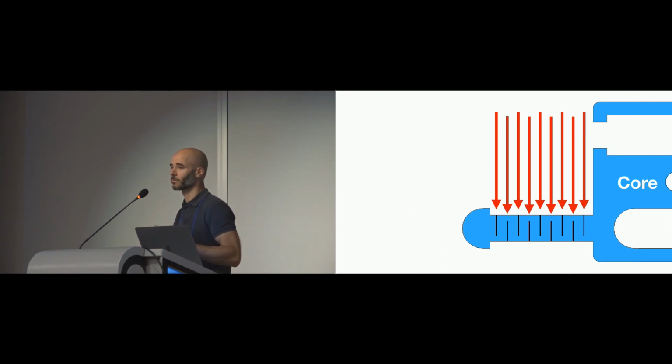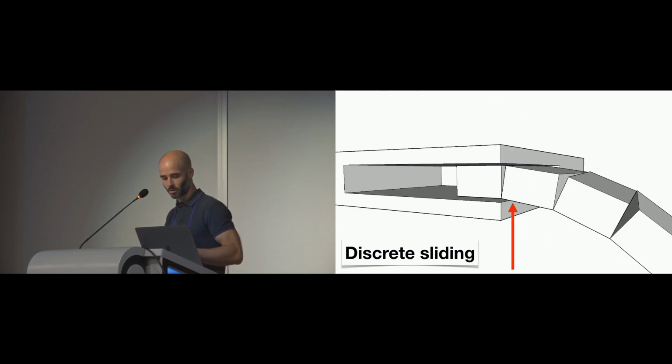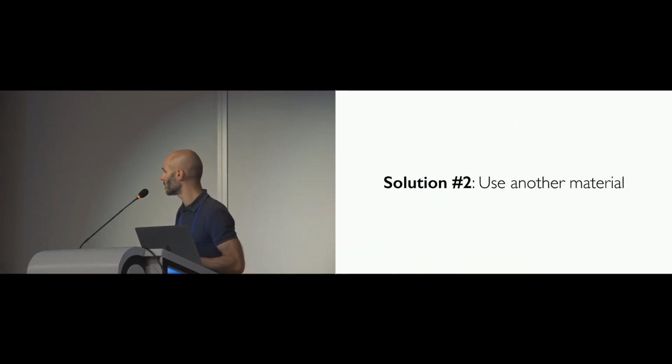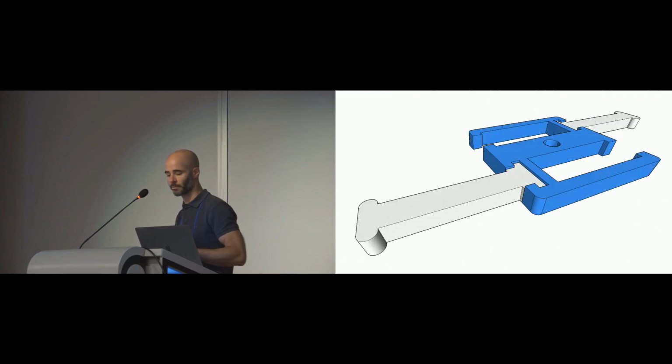So it works. We made a prototype with this, but with this size of the plexiglass, it was too brittle. And also, we had another problem, is that the sliding was discrete, so it was not very good. So we decided to investigate another solution, and we used another material for the finger.